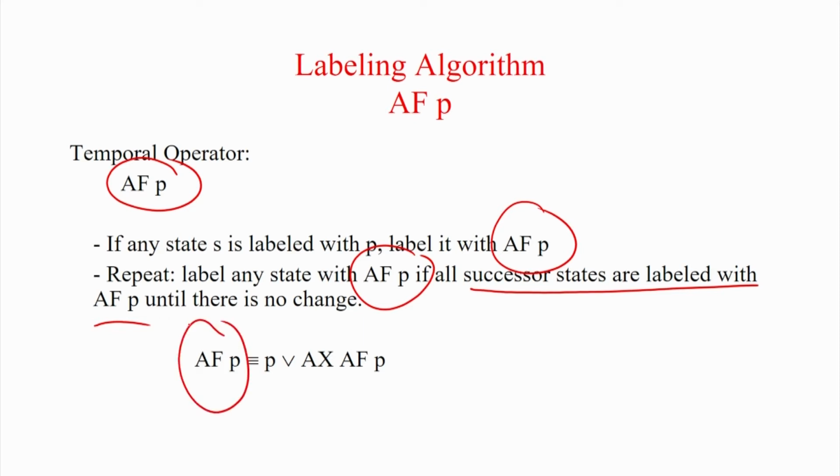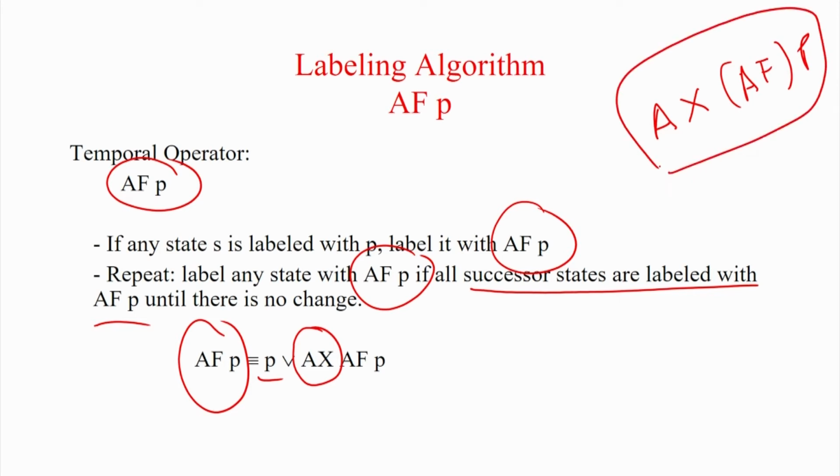AFP's formula is P, either P is true in that state, or AX AF P, meaning for all next states, in all paths in future P is equal to true.